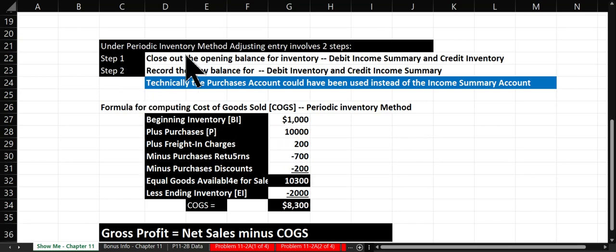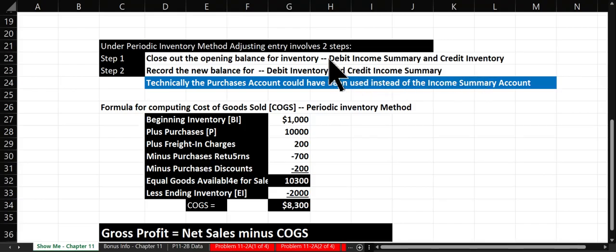Under the periodic inventory method, when we get to the end of a fiscal period, we have to close out the opening balance in our inventory account because it would not have been increased or decreased during that particular period. So we need to close that out and record the updated balance for the inventory.